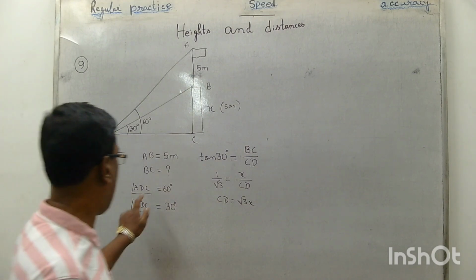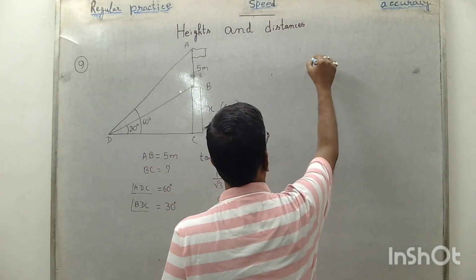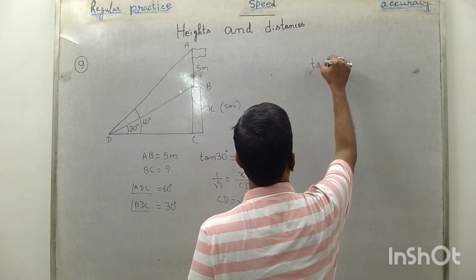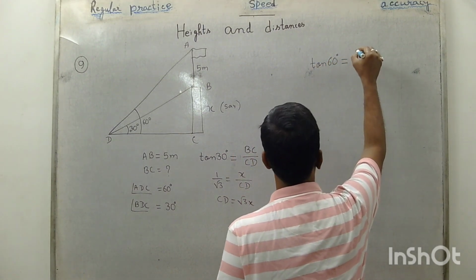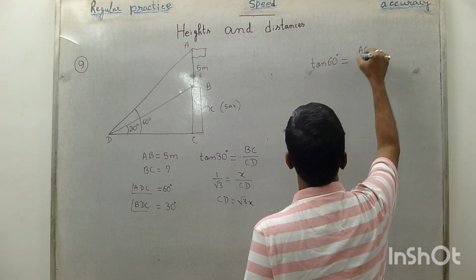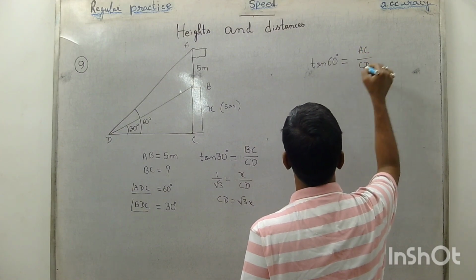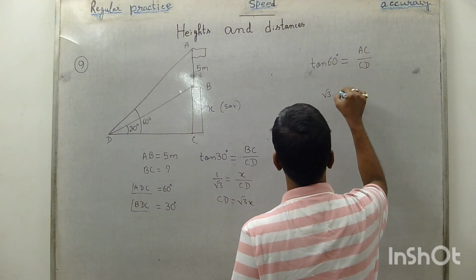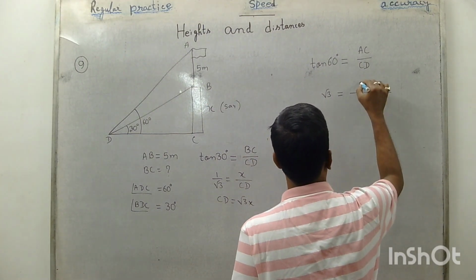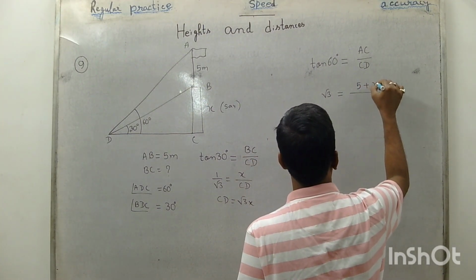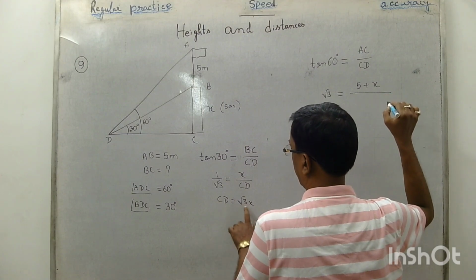Now we come to tan 60. It is AC by CD. Root 3 equals AC, means this plus this, 5 plus x, and CD means root 3x.